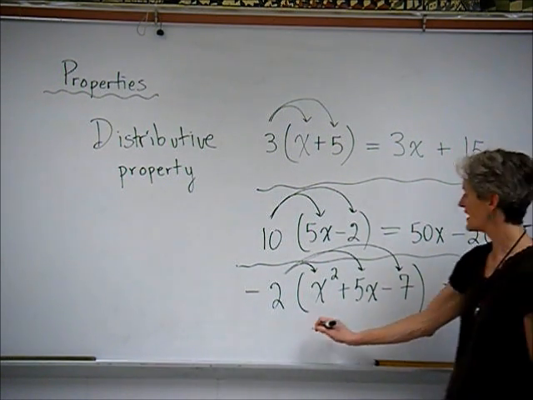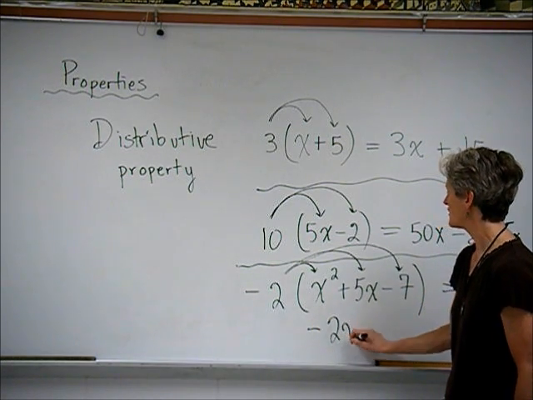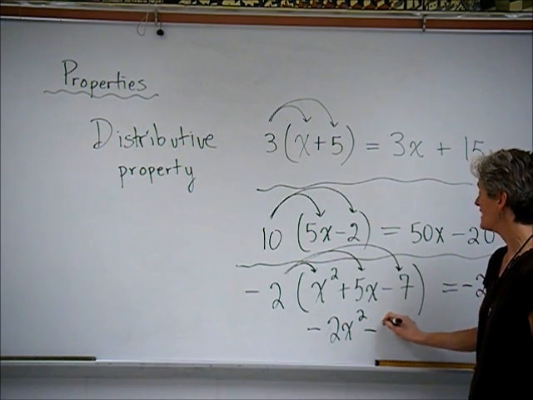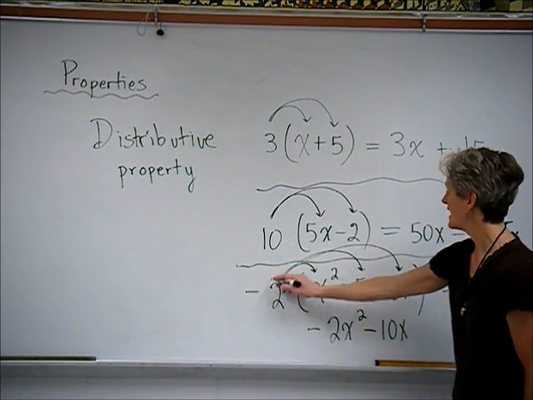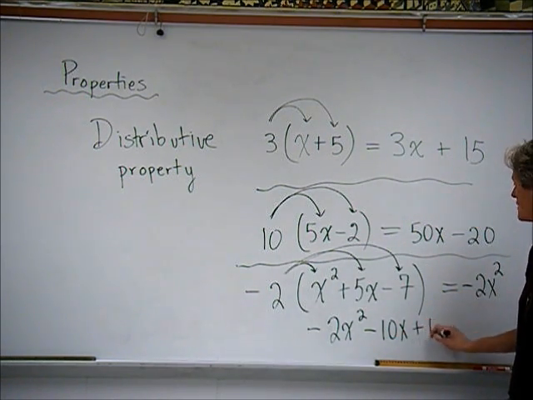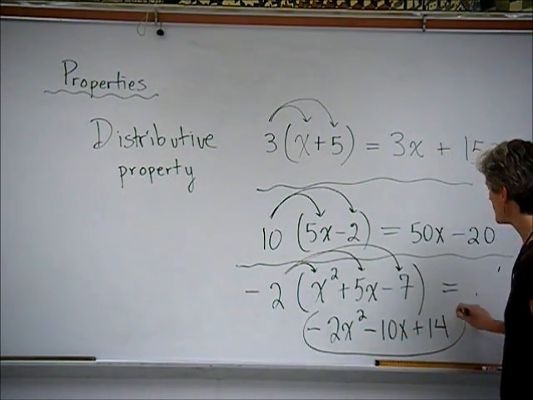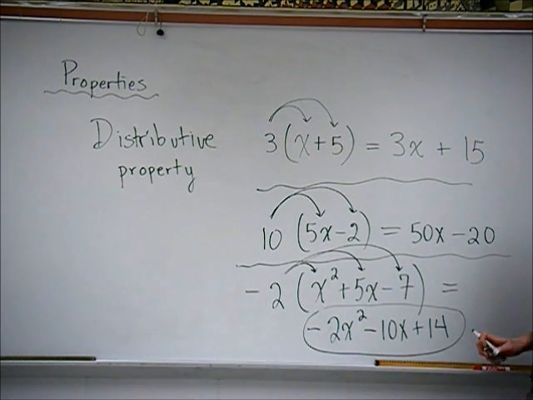I might run out of room. I think I'm going to do it here. Negative 2x squared. Negative 2 times 5x would give me a negative 10x. Negative 2 times a negative 7 would give me a plus 14. So I distributed that negative 2. I used the distributive property.